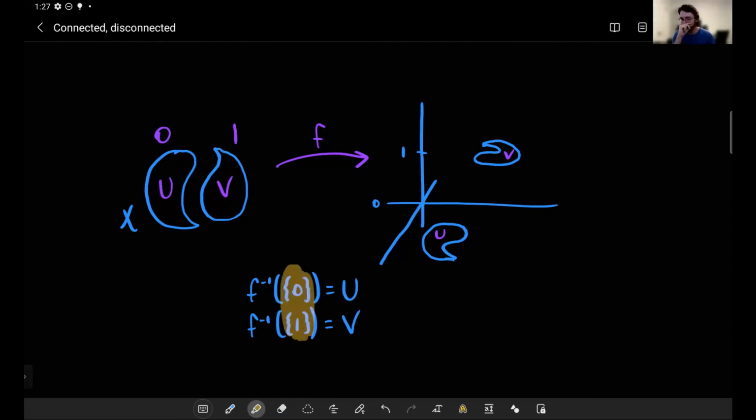Everything's open in the discrete topology. And certainly both of these are open. For the same reason we discussed above, you can fit some open set around it in R2 or whatever your space is and call it relatively open.